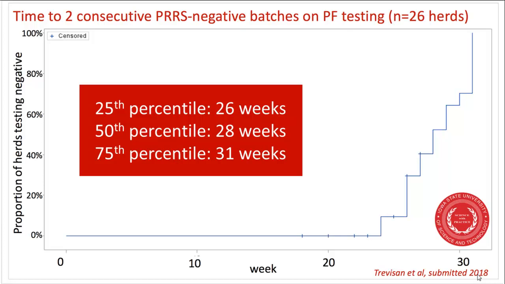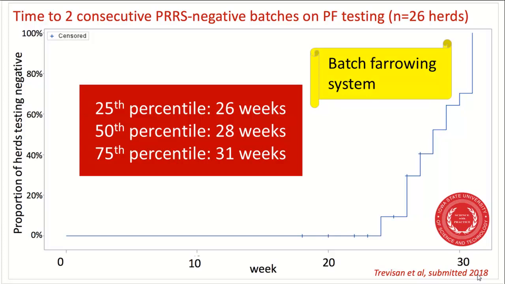The median time to achieve those 2 consecutive negative batches was 28 weeks, with not a lot of variation, suggesting that if you break that flow in the farrowing barn, that may help to achieve stability. All those 26 herds did introduce the gilts, and to the best of our knowledge, they remain negative until this point. So it's a batch farrowing system again.